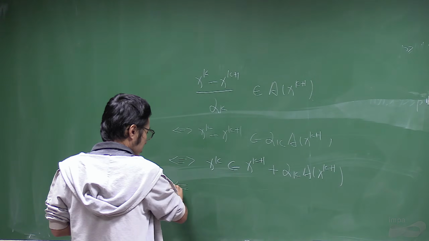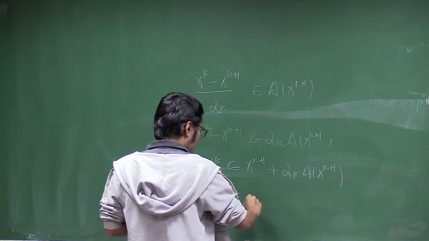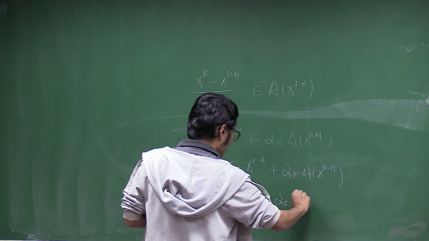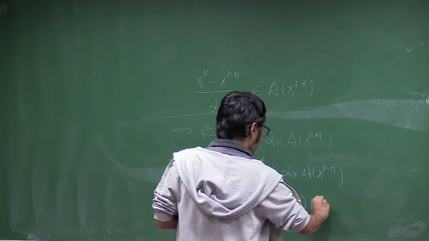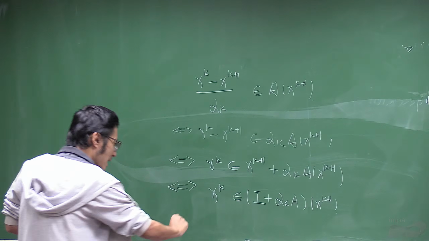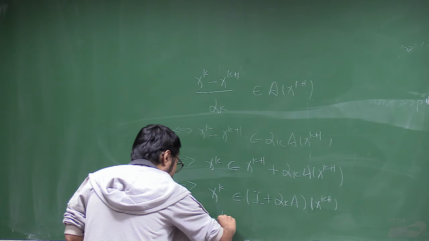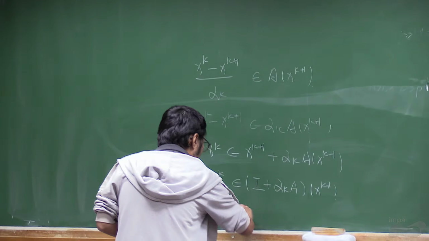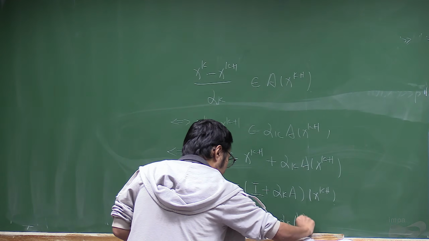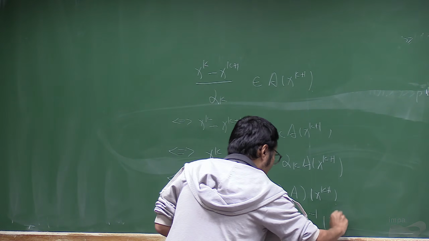It is equivalent to x_k belongs to (identity plus alpha k A) x_{k+1}, and we can write it as x_{k+1} equals (identity plus alpha k operator A) inverse applied to x_k.